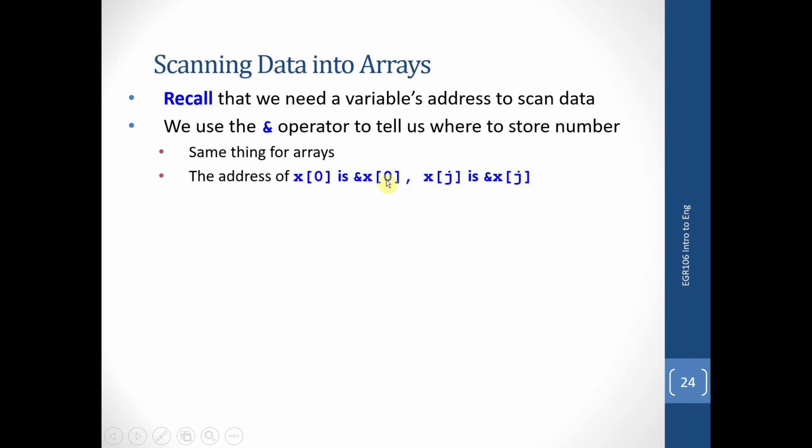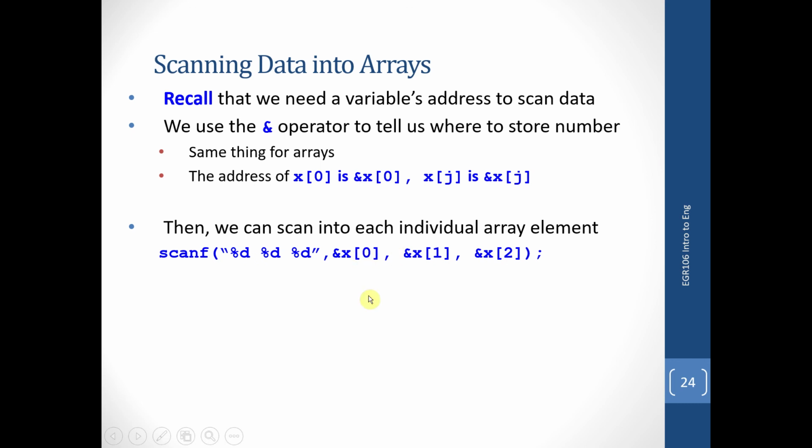And even though this is one element of an array, if you remember the table showing where every variable is located, you can see that it is just one variable. It just takes up one memory slot. It's nothing special. These brackets just say, oh, it's just part of a bigger chunk, but all I'm doing is scanning into this one variable. So it actually works exactly the same way as scanning into any other variable.